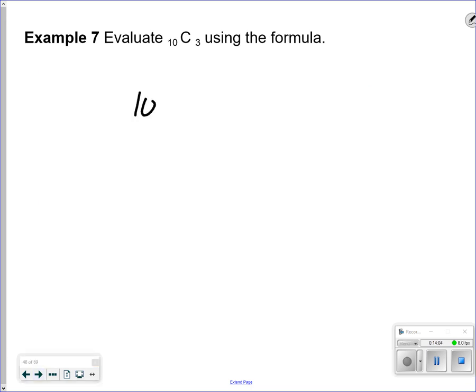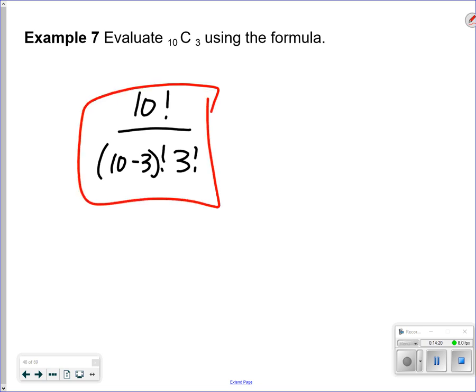Using the formula now, it's 10 factorial on top, 10 minus 3 factorial. So that part looks exactly like a permutation, except there's also a 3 factorial in there. That is what you will have to show on your test.